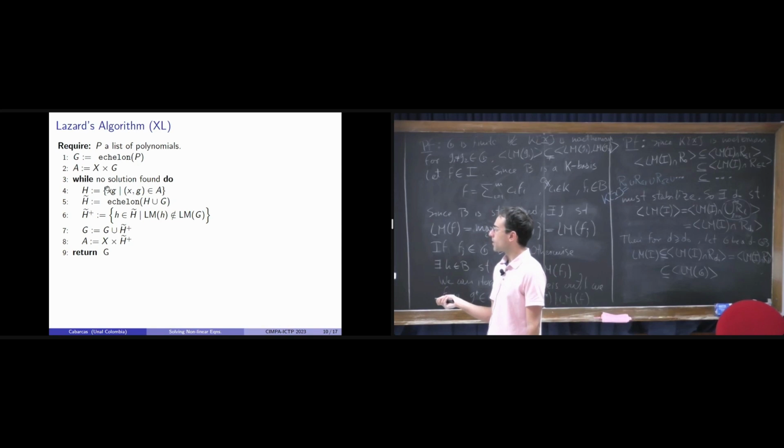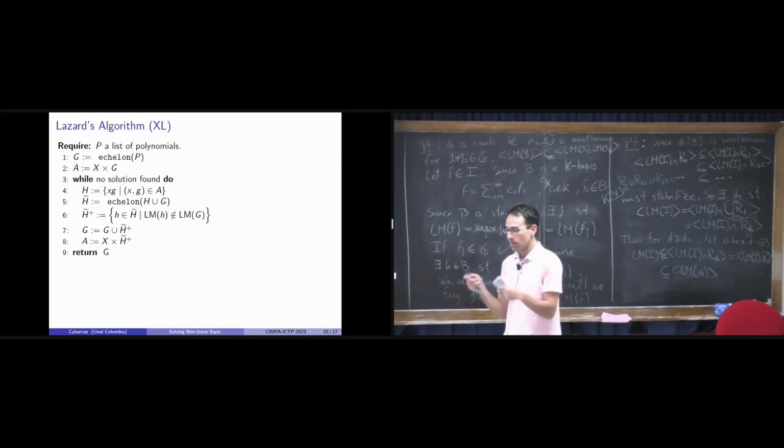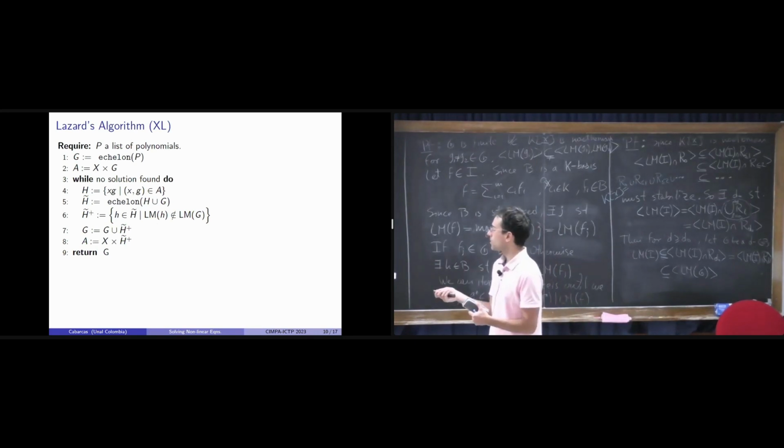G, multiply it by a variable X, then with that form a larger system, then construct H that way. So these are variables times polynomials, then do the echelon form of that, of H union G, and then extract any new leading monomials that appear in that process.